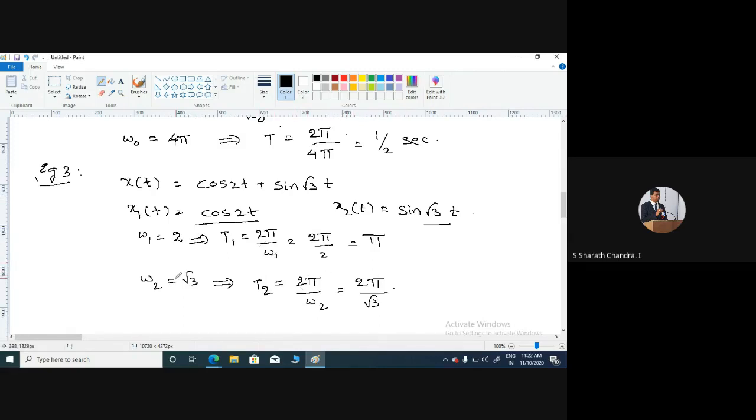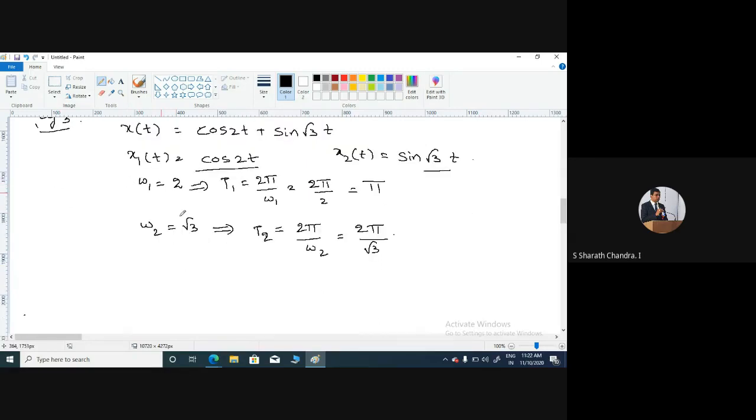Since we intend to check whether x of t is periodic or not, we need to consider the ratio of the fundamental periods of the individual signals, and you can see here it is pi by 2 pi by root 3, which comes out to be root 3 by 2 upon cancelling pi in the numerator as well as the denominator.